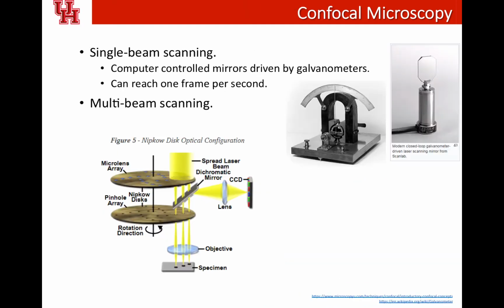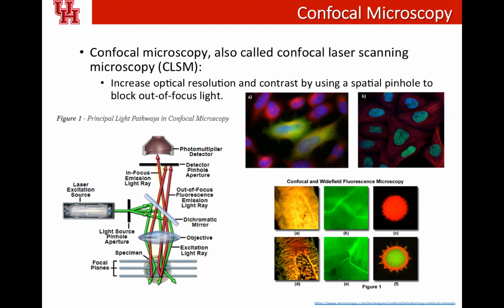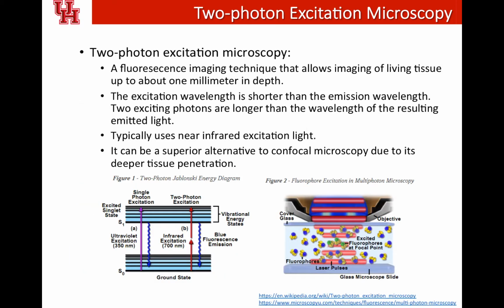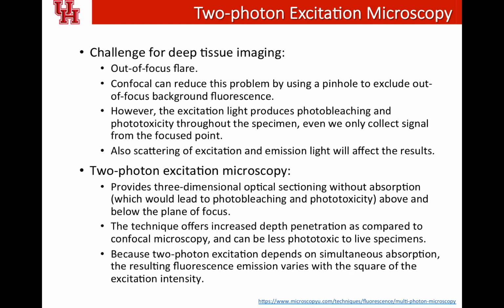All the light pathway, all the tissue on top and on the bottom, because we shine the excitation light through those areas, the fluorophores in those regions above and below the focal plane will be excited. Then they will get photo bleached or phototoxicity, which means you cannot scan your sample for too long. So that's the problem for this confocal microscope.